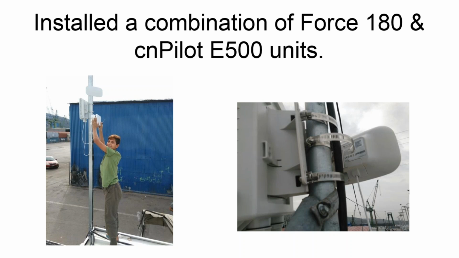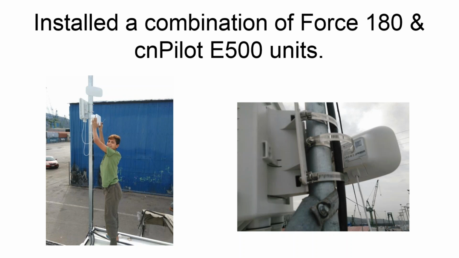Going back to the slide that's now showing, it shows you how we actually installed the equipment. We had the poles where the lady is standing. She is actually standing on one of these residential units, the prefab units. We had the pole there. There's a small box, obviously, for the electrical supply, and then you see the E500 unit and a Force 180.